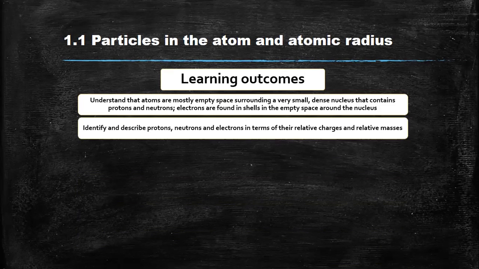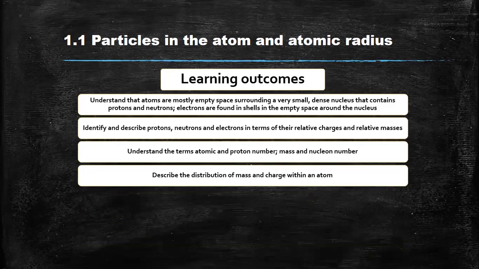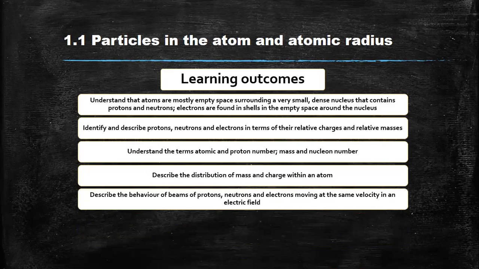Number two, identification and description of proton, neutron, and electron in terms of their charges and relative masses. Understanding the terms proton number, mass number, atomic number, or nucleon number. Describe the distribution of mass and charge within an atom.